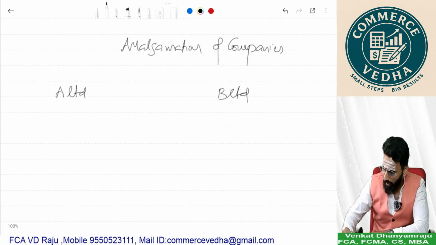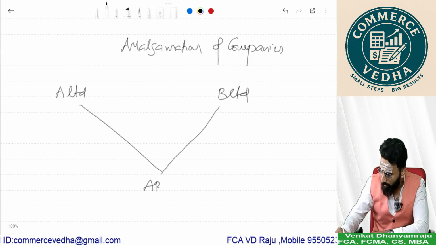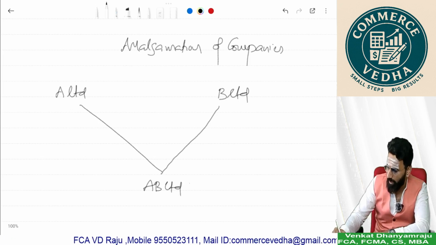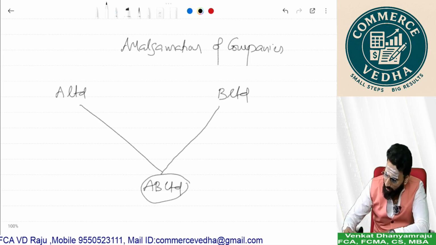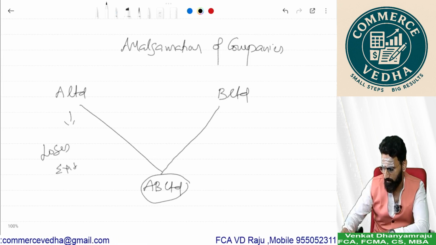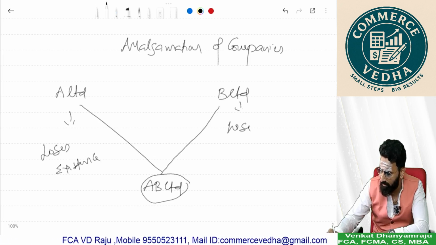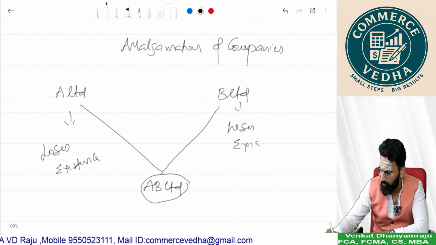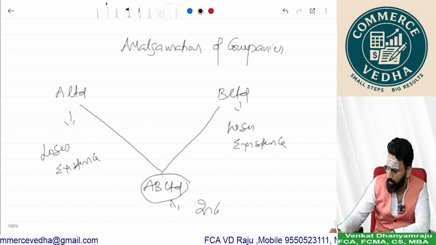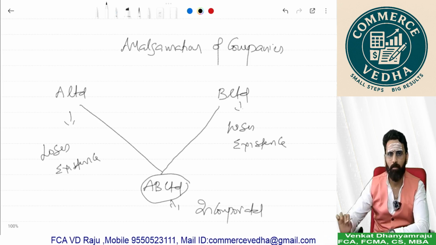Now, A and B Limited want to form a new company called AB Limited, where A loses its existence, B also loses its existence, and the new company is incorporated, which is called AB Limited.